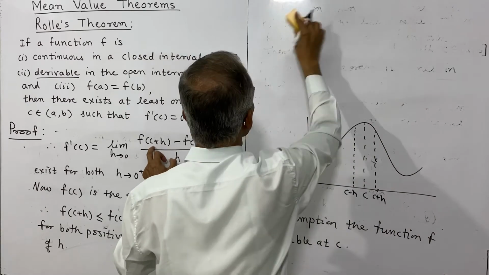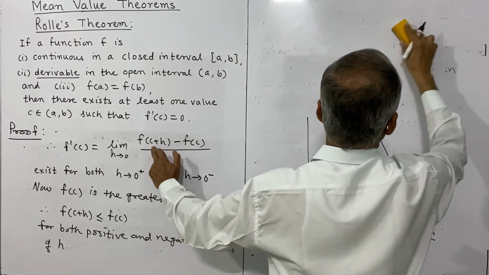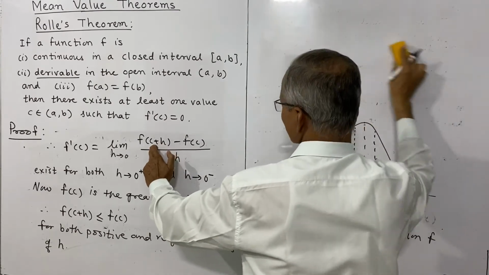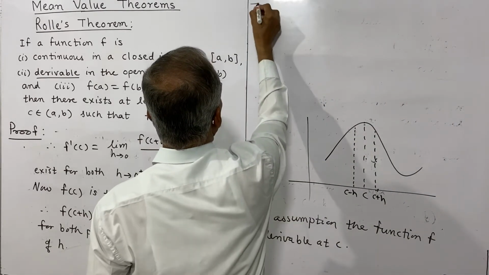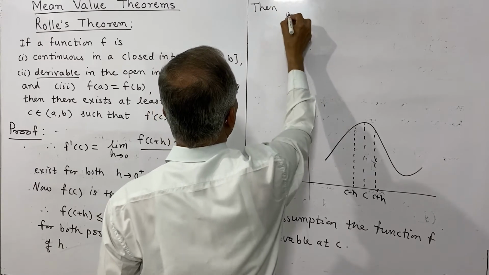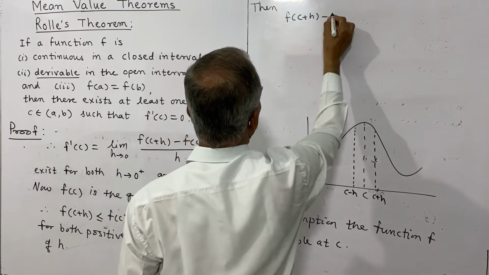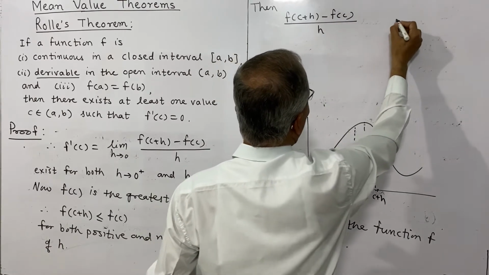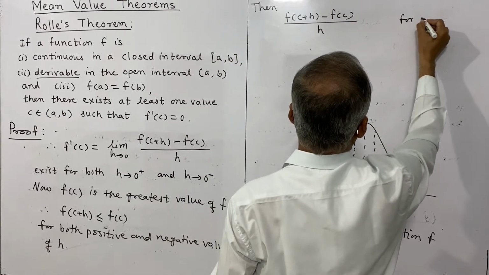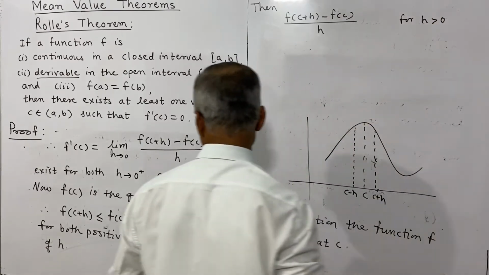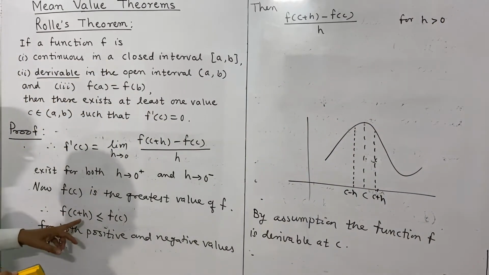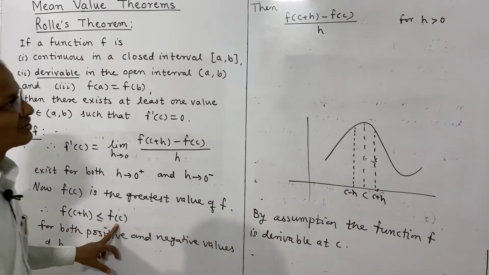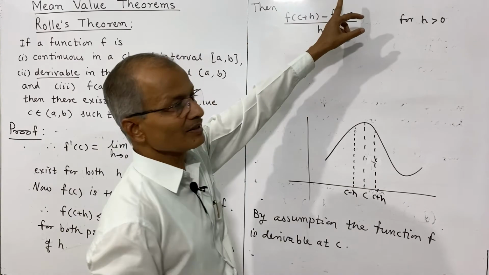So what will be f of C plus h minus f of C divided by h when h is positive? For h greater than 0, positive value of h. See, this value is less, and from the less value a greater value is subtracted. So that means the quantity is negative.